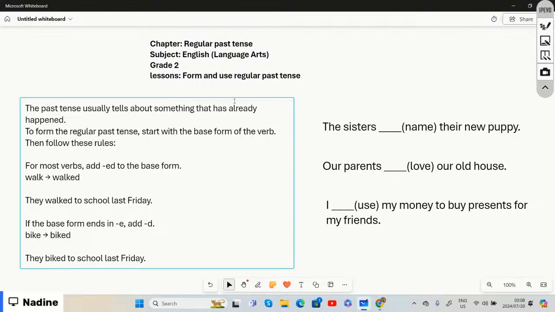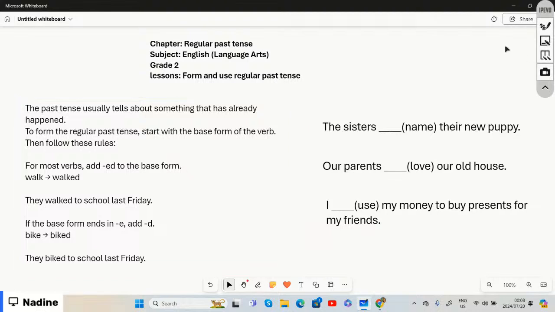All right. So we see that the past tense usually tells us about something that has already happened.